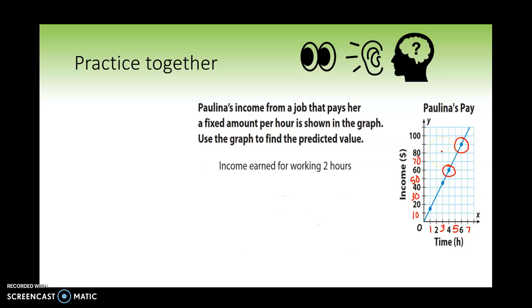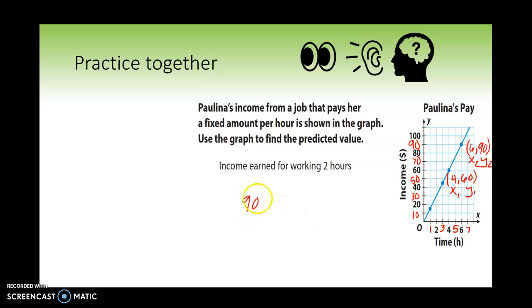If you can get nice dots. So let's get the ordered pair for those. And we're going to find slope. So that is 4, 60. And this one is 6, 90. Okay. Again, x, y, x, y. These come first. These come second.